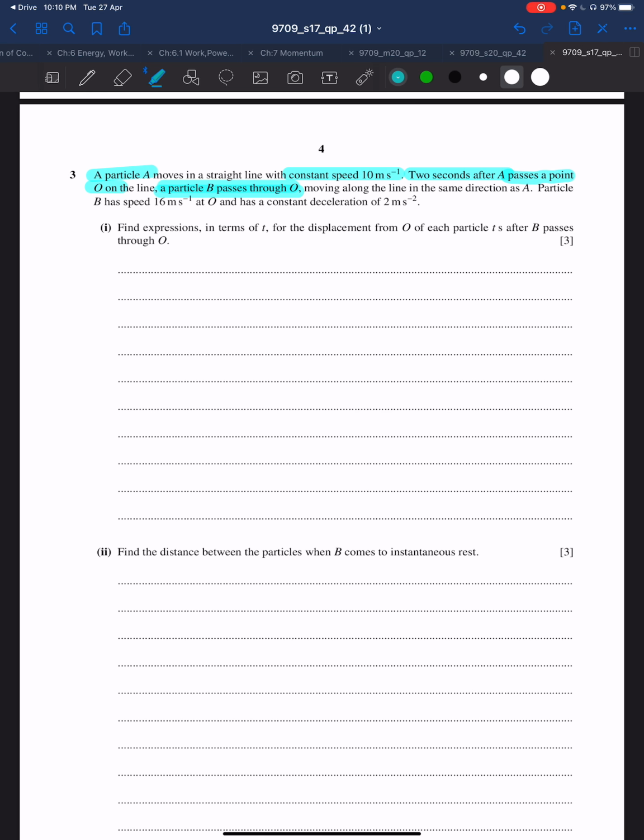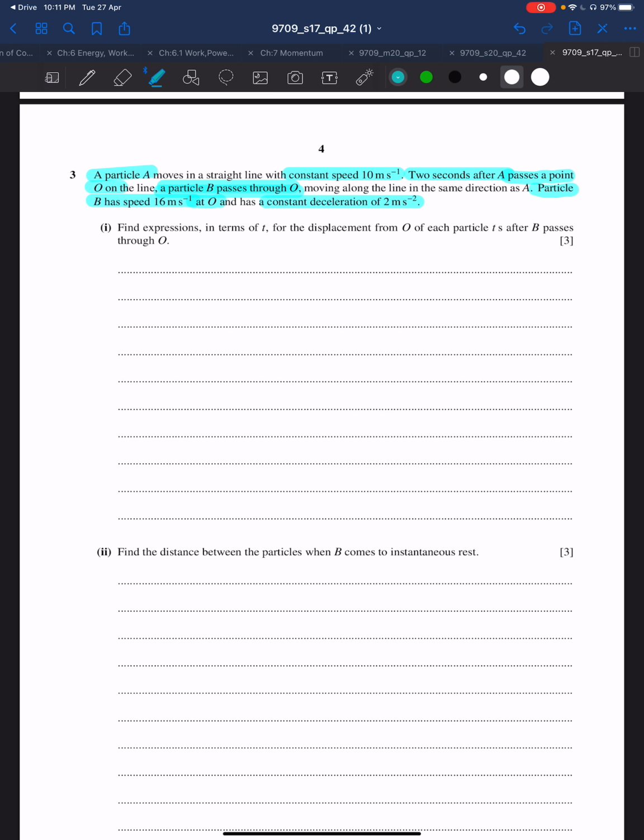Moving along the line in the same direction as A, particle B has speed of 16 meter per second at O and has a constant deceleration of 2 meter per second square.